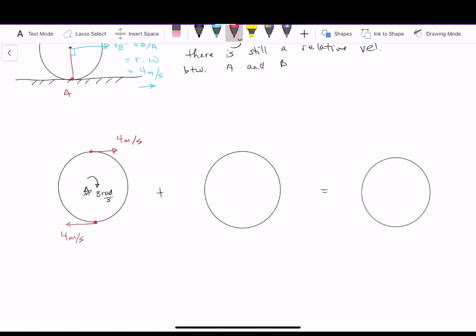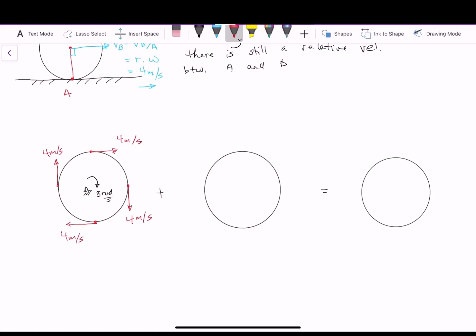And really, you can pick any point on here. It's always going to be tangent to the radius arm. So we have 4 meters per second, 4 meters per second, and 4 meters per second, all at 90 degrees, or tangent to the wheel itself. That's what happens if we assume just the rotational aspect of this wheel.